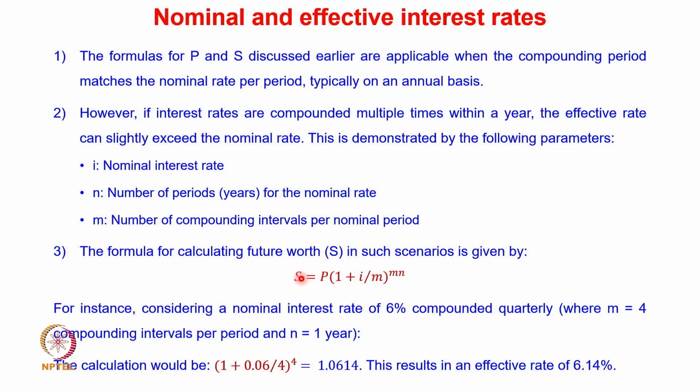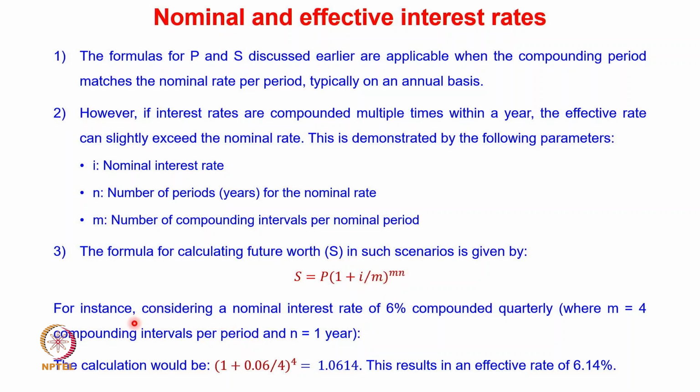We get S = P × (1 + I/m)^(mn). If the interest rate is given and accrued annually, it is just (1 + I)^n. But if the interest is compounded multiple times over a year, it becomes 1 + I divided by m, where m is the number of times compounding takes place per year, raised to the power mn.